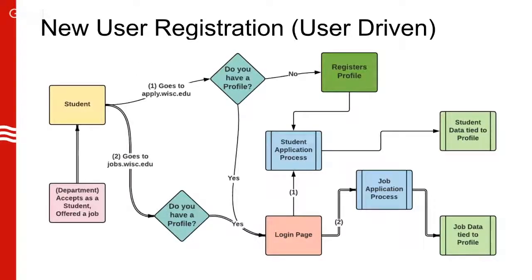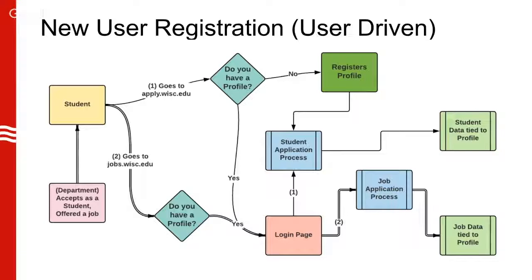So an important thing that we think about when we think about this idea of a user having a profile that they can use to interact with the institution, a lot of this gets into the idea of user-driven identity management. So if a student's first interaction with the institution is, say, they go to apply.wis.edu or jobs.wis.edu or things like that, and they want to establish a relationship, they want to apply to come to school here, they want to apply for a job here.